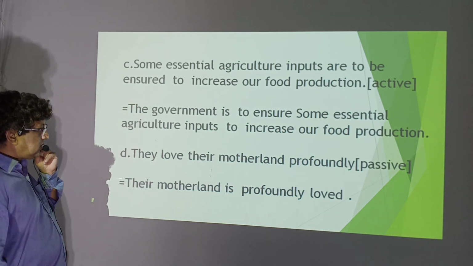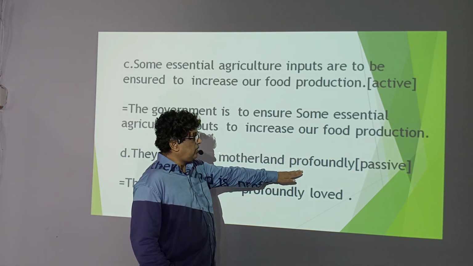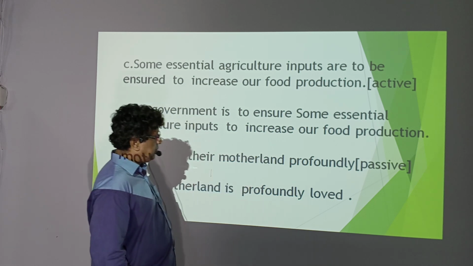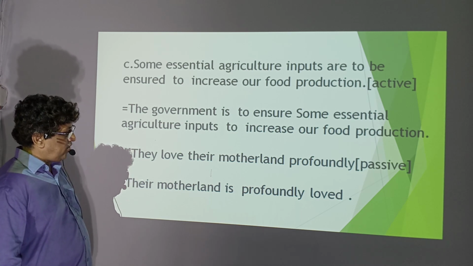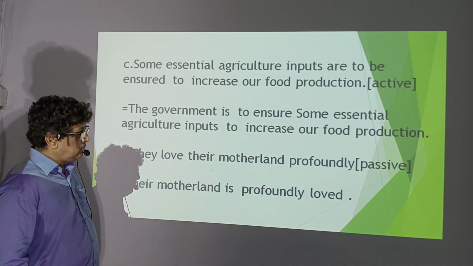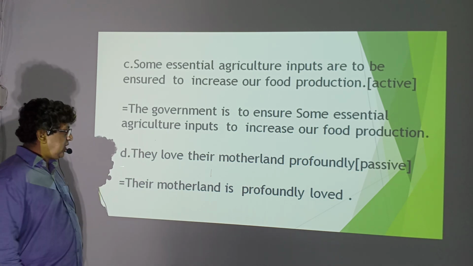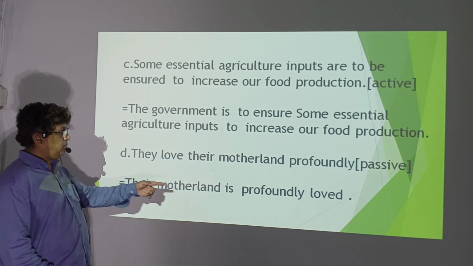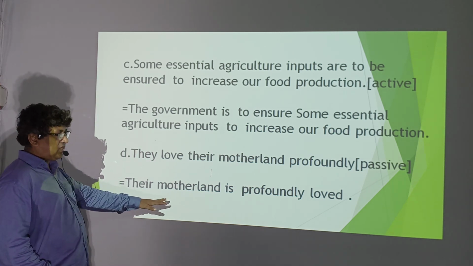As "profoundly" is an adverb of manner, it will be placed after the auxiliary verb. Then "love" will be placed as the past participle, "loved." So, their motherland is profoundly loved.